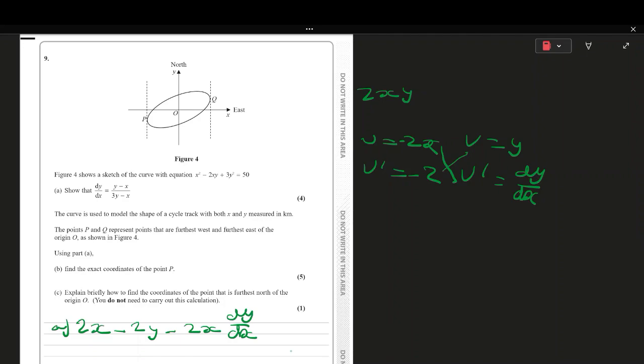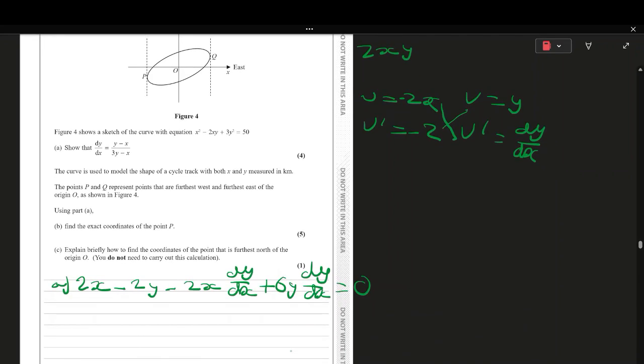Then for 3y squared, it'd be 6y times dy by dx equal to 0. So when you differentiate 50, you get 0. So then you need to bring the dy by dx terms on one side. So 2x minus 2y is equal to 2x dy by dx minus 6y dy by dx.